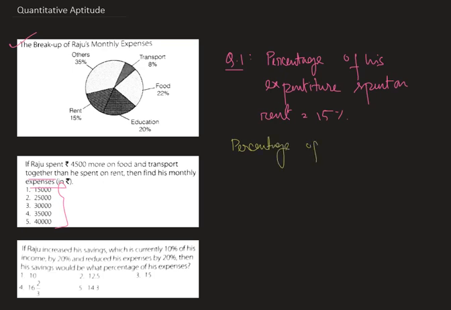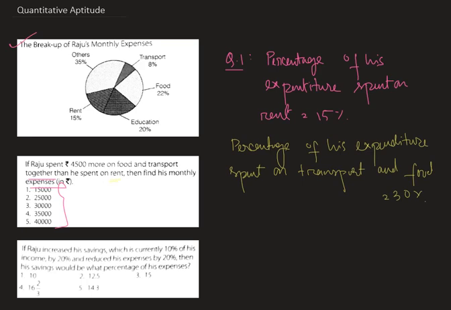Percentage of his expenditure spent on transport and food is equals to 30%. Okay, and we are given that he spends 4,500 more on food and transport than rent.